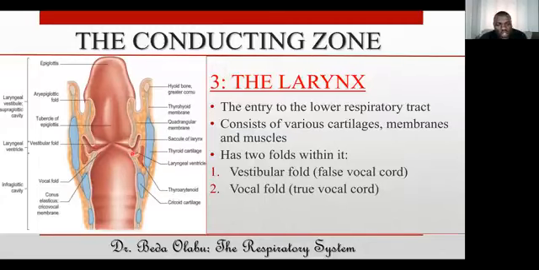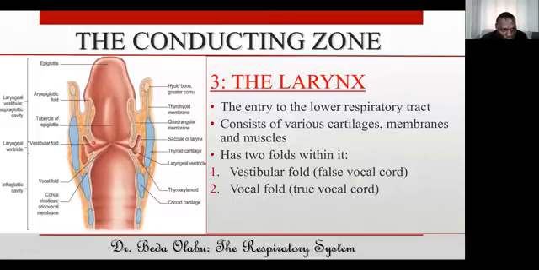With those 2 folds, we can divide the larynx into 3 compartments. The compartment above the vestibular fold is called the laryngeal vestibule. So this region here is the laryngeal vestibule. You can call it the supraglottic cavity.